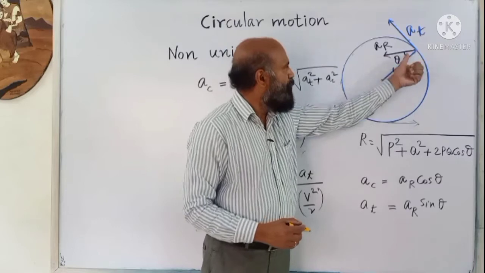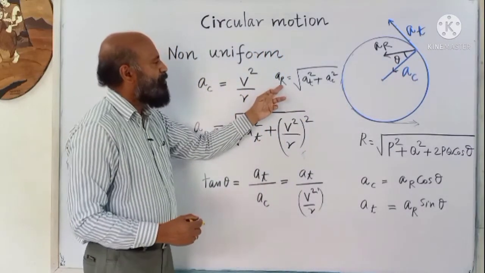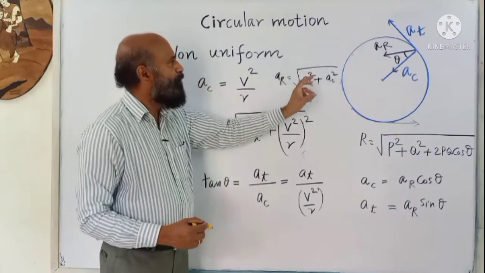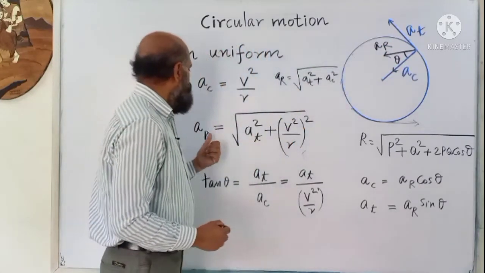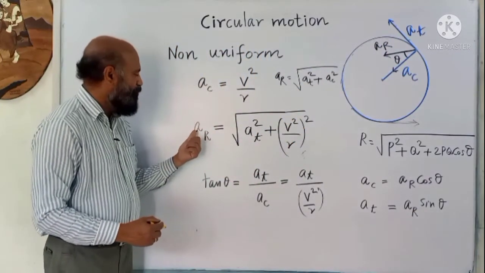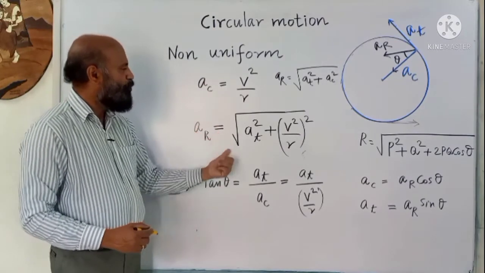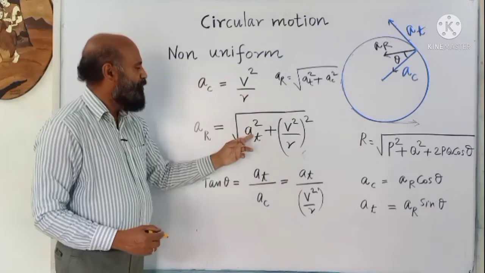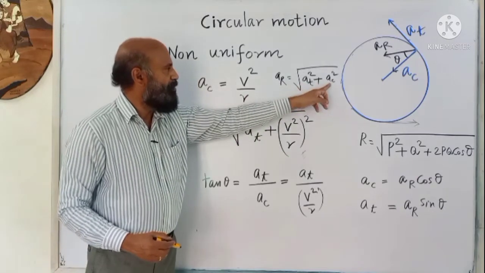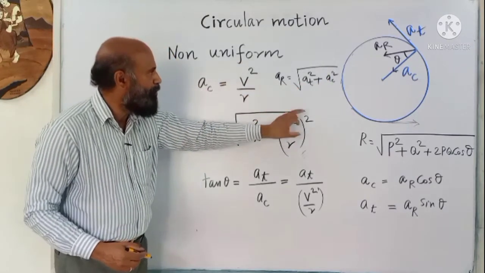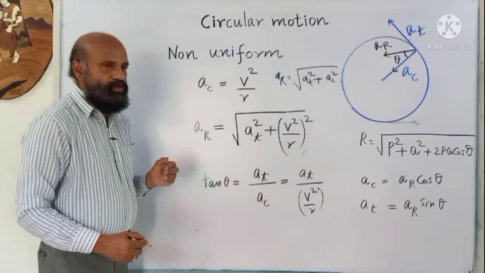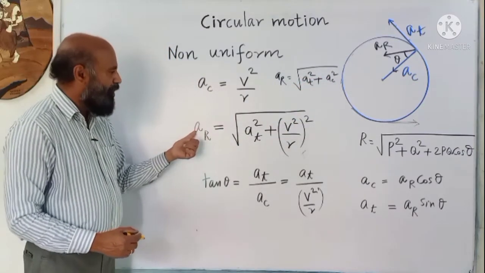So the resultant acceleration is square root of AT square plus AC square. Centripetal acceleration is V square by R, its square. So we can get the resultant acceleration.